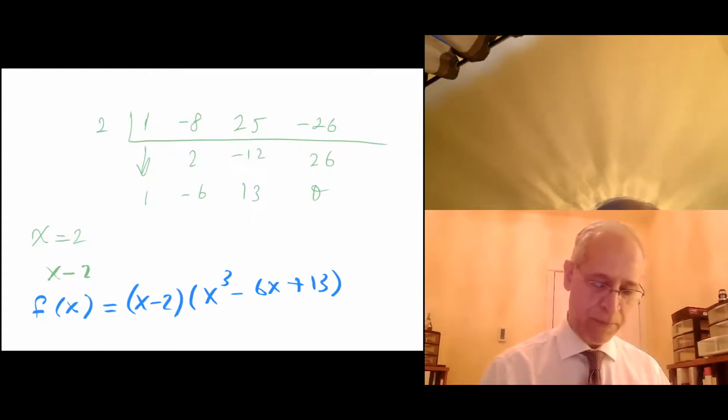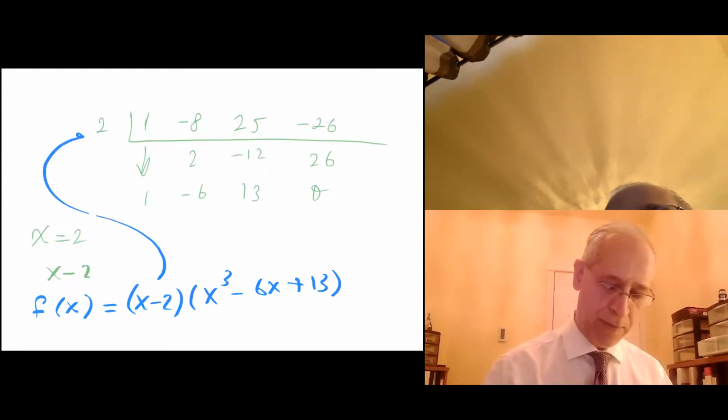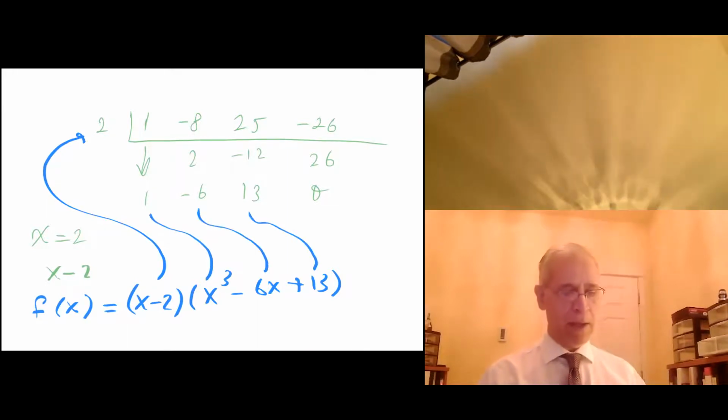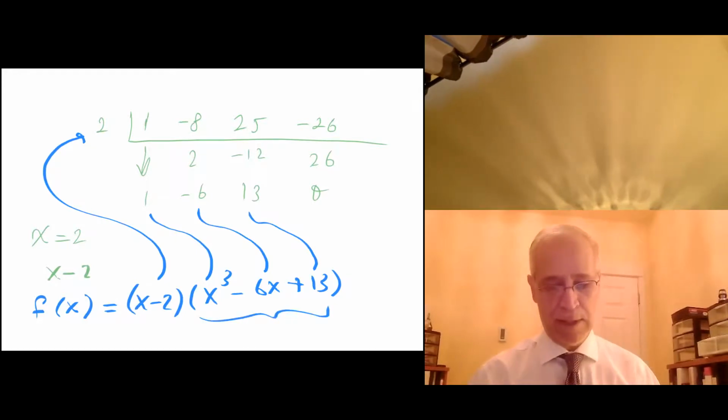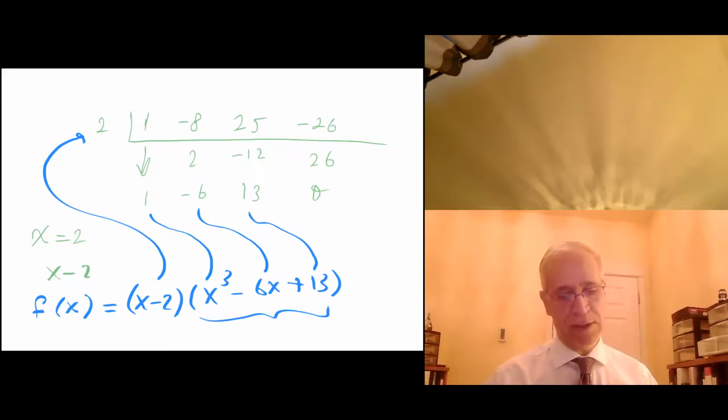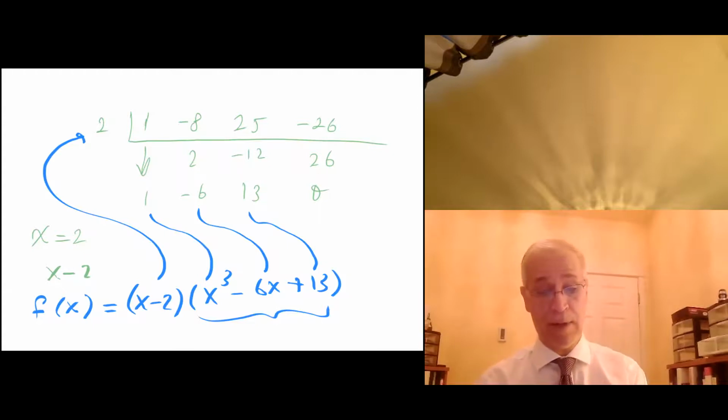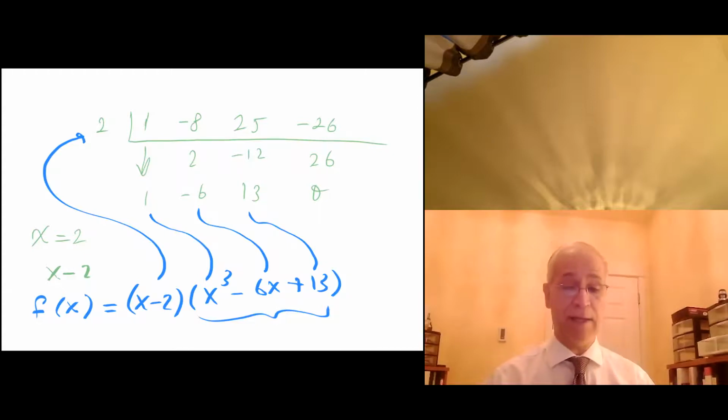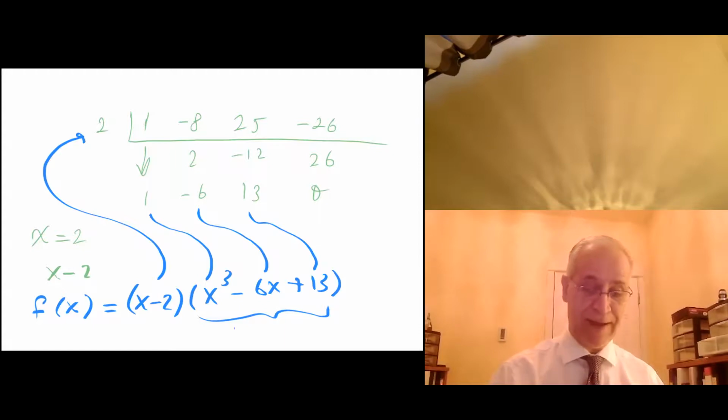Of course, this x minus 2 is coming from here, 1x squared from here, this from here, and this from here. And now all I have to do is factor this. Is it factorable? No, 13 is prime. I cannot factor that. And b squared minus 4ac is negative, so this has complex factors.